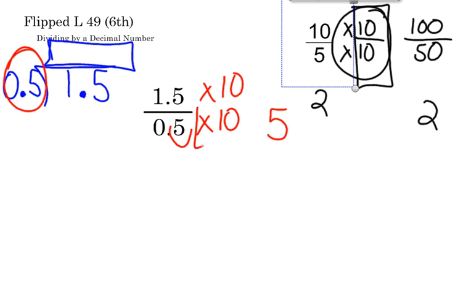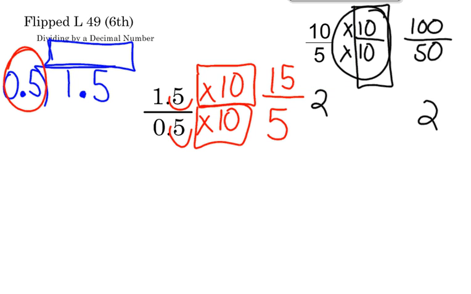Now, because I do it to the bottom, I must also do it to the top. And so I'm going to take my 1.5 and the decimal is going to shift over, and I'm going to get a 15. And suddenly we have a division problem that is very easy to understand. 15 divided by 5, of course, is 3.